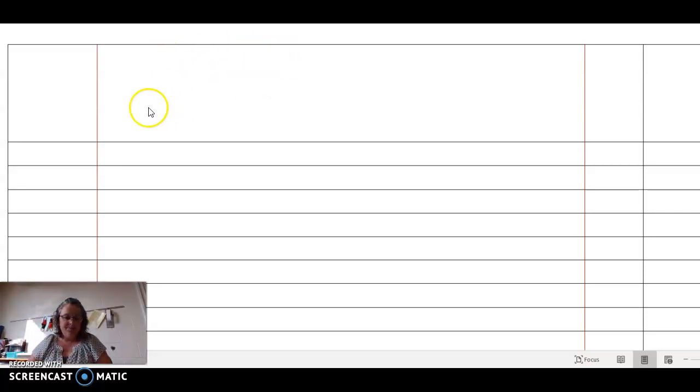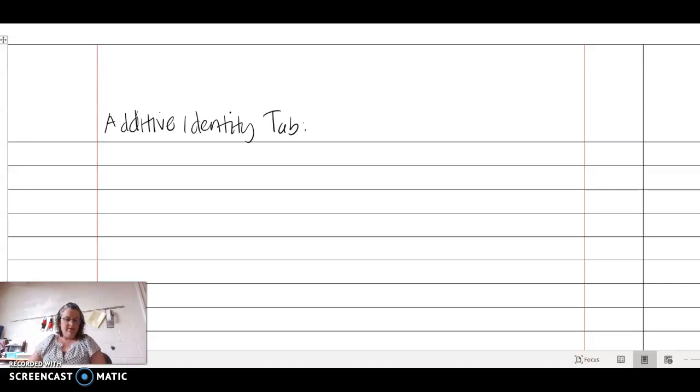So I'm going to put, this is the additive identity. Okay, so make sure you're working in this tab, okay?